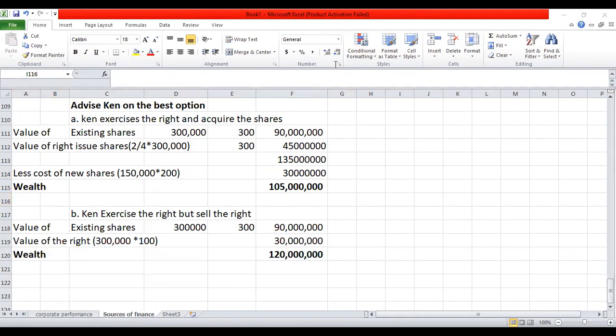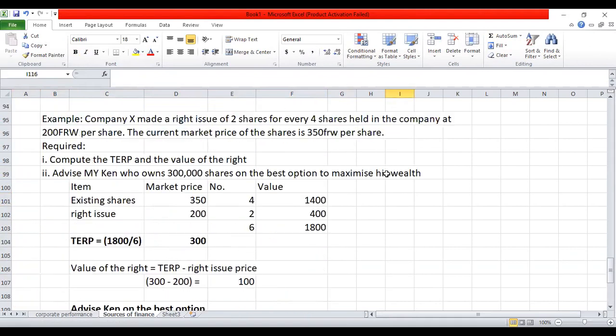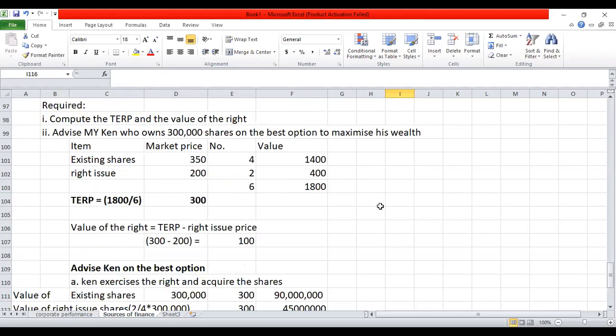Now, 150 was not assumed. Look here, he is getting two new shares for every 4. So what is the new shares he is going to get? The new shares he is going to get will be 2 over 4 times 300, which is 2 over 4 times 300.